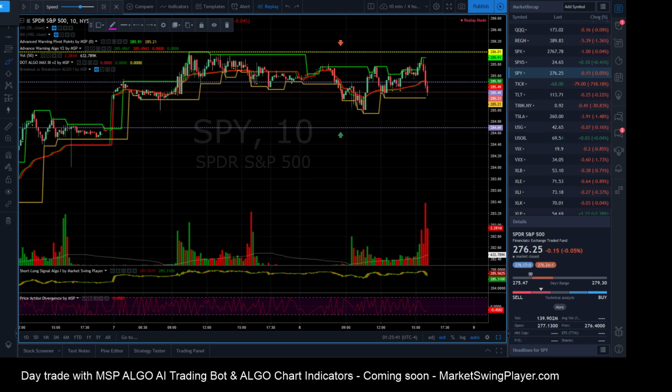So in order to chase something that's that choppy, you need to go to a lower time frame. The higher time frame is good if it's trending, if it begins to trend. But if it's just trading 80-cent chop, 50-cent chop, you need to go in and chill in a smaller time frame.